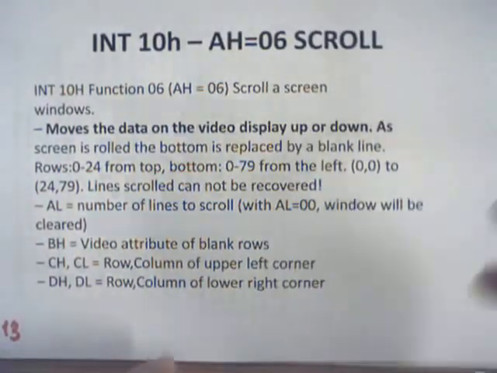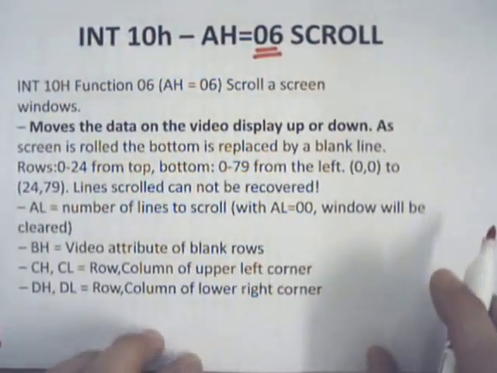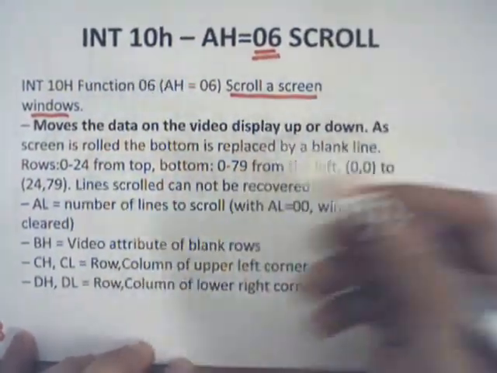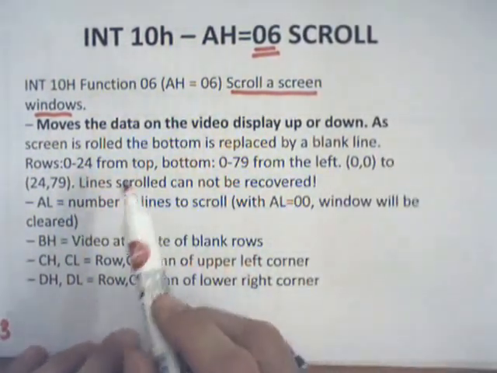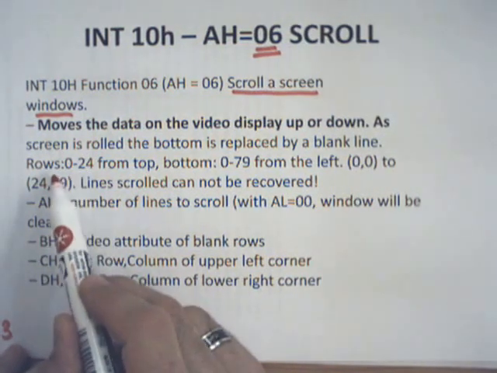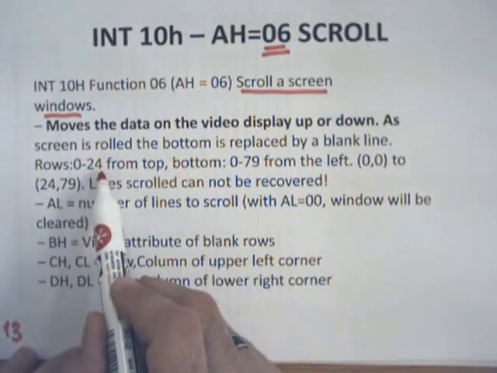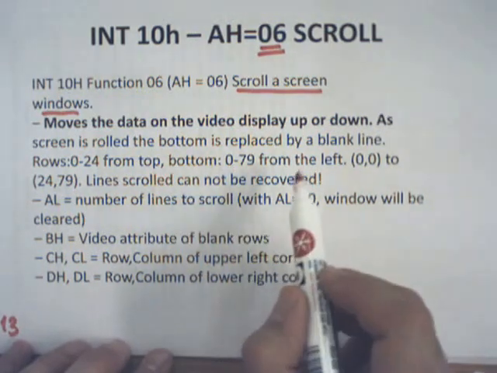Another interrupt 10H, this time AH 06 value, scroll screen window. Move the data on the video display up and down as the screen is rolled, and at the bottom it is replaced by a blank line. For this register in the emulator, we have 25 rows starting from 0 to 24 and 80 columns.